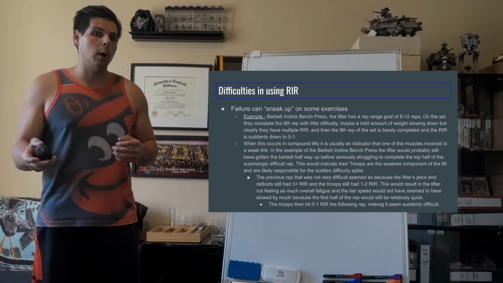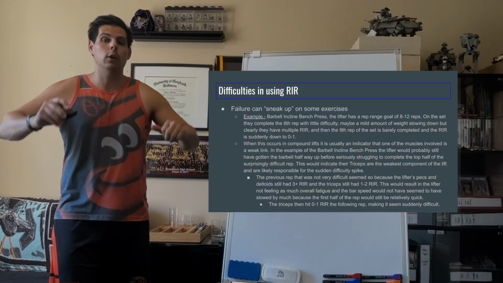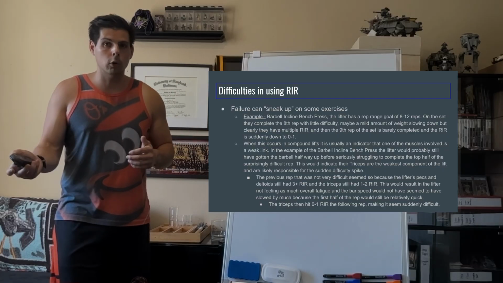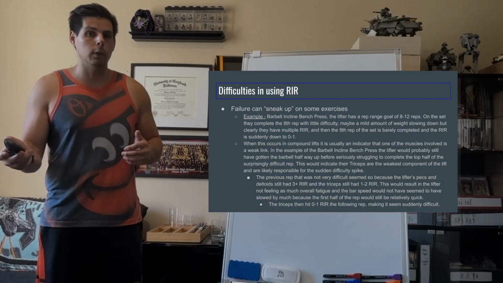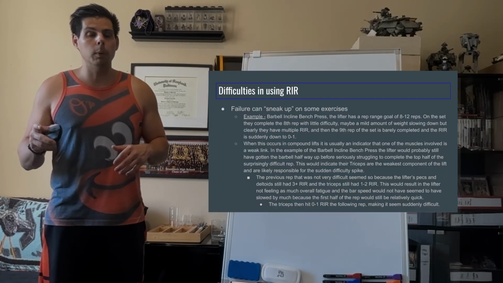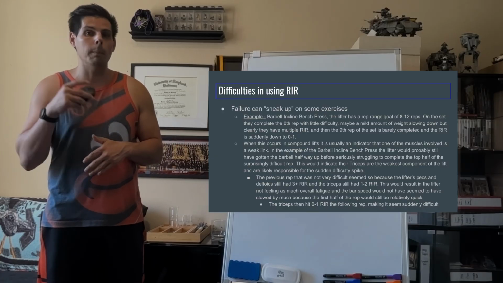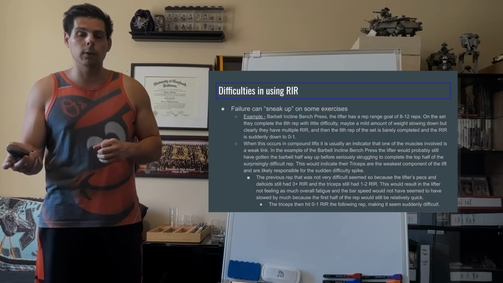So if we're talking about the barbell incline bench press where you get it halfway up and then struggle to finish it for lockout, that's going to be your triceps, because the joint action that's missing there is tricep or elbow extension. So in this example, that's indicating to the lifter that the triceps is the weakest component of their compound pressing in this context.